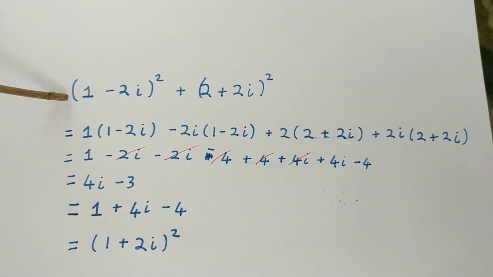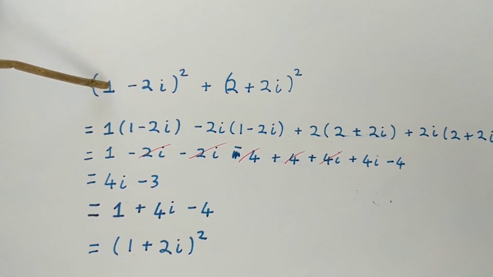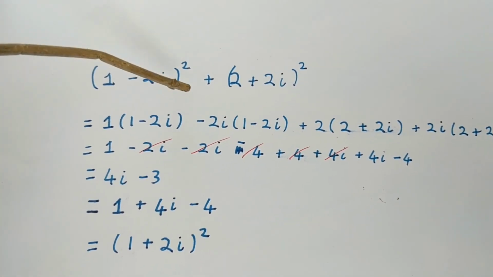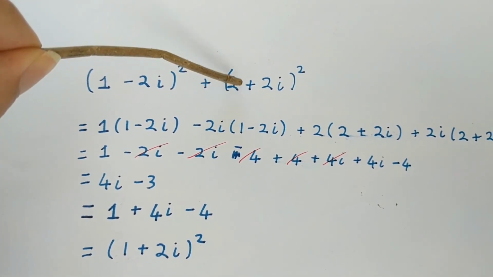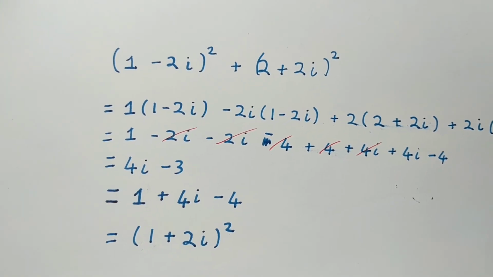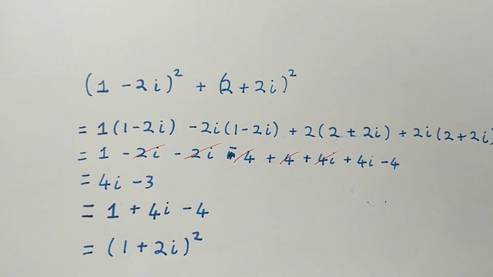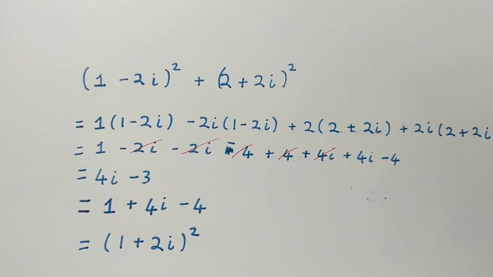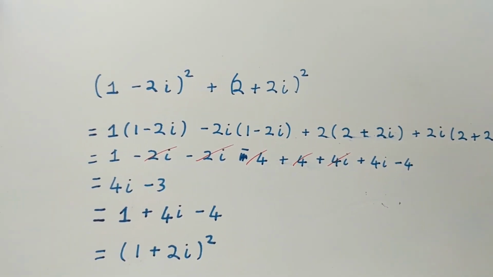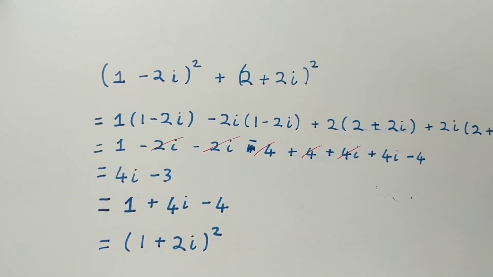They're basically complex Pythagorean triples. So here we find that 1 minus 2i all squared plus 2 plus 2i all squared is 1 plus 2i all squared. And what I'm going to do today is go through a formula that I got which generated this complex Pythagorean triple and generates lots and lots of them.